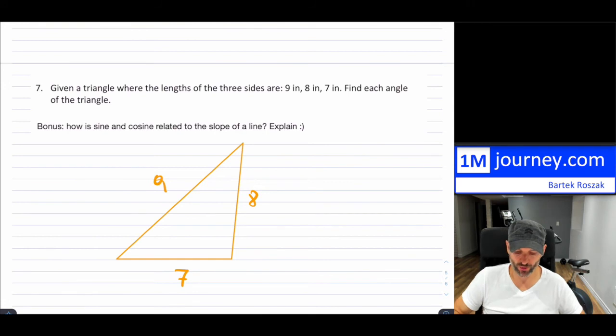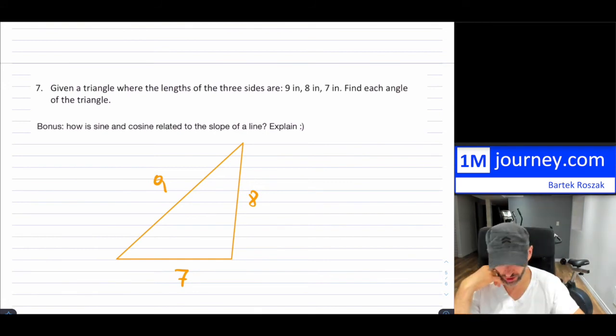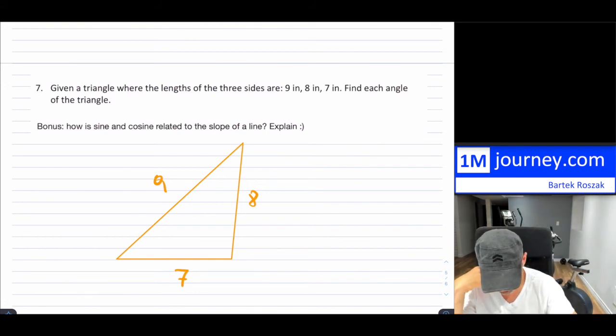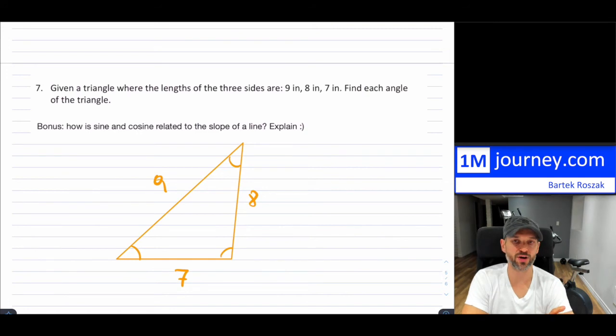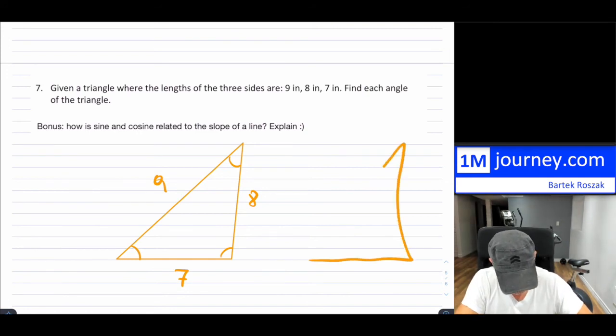So we don't know what all of the angles are, and we want to find them. It's not necessarily a right angle triangle, so don't assume it goes like that.